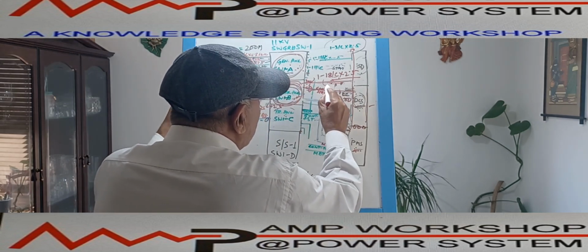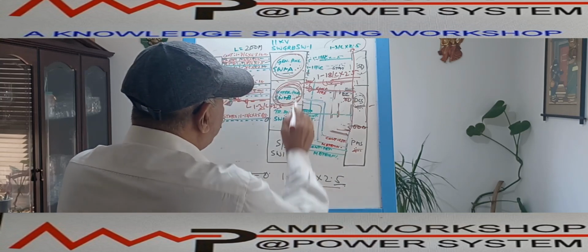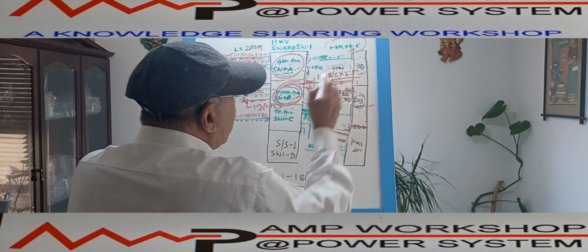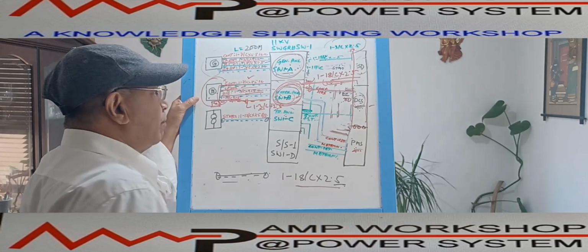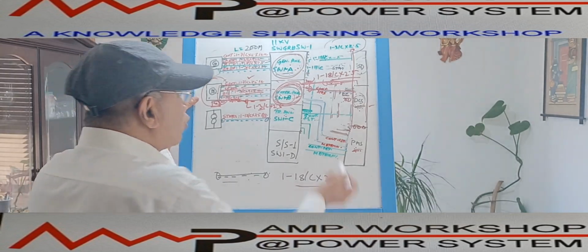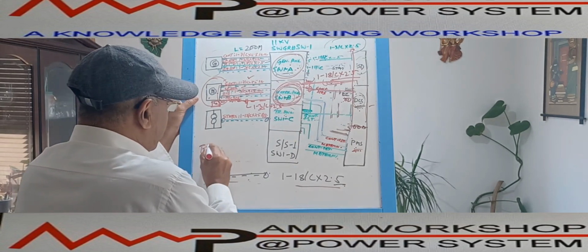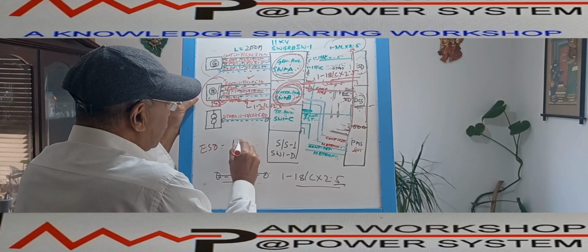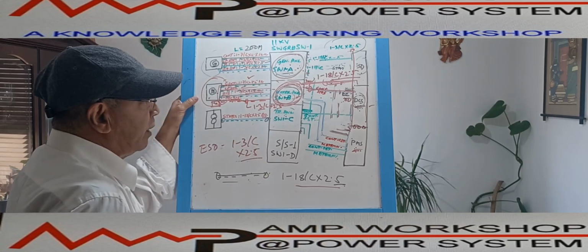That is also one 3-core cable, like the generator panel. From the motor panel, one ESD signal goes to the ESD panel, and the signal comes from the ESD panel to the motor switchgear panel to trip the circuit breaker in case of emergency shutdown. So this ESD cable will be 1 into 3-core into 2.5 square millimeter cable. This is the ESD cable.